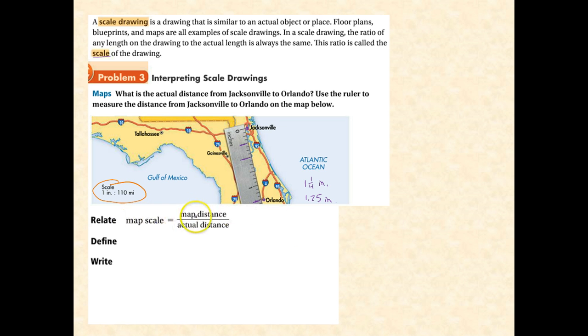Alright, so map scale is map distance over actual distance. Let x equal the total distance from Jacksonville to Orlando. So, map distance over actual distance: 1 inch over 110 miles equals 1.25 inches on the map over x miles.